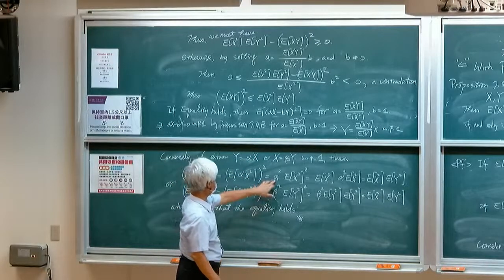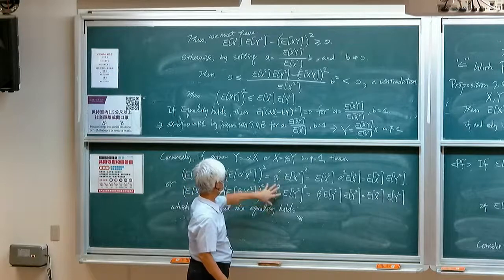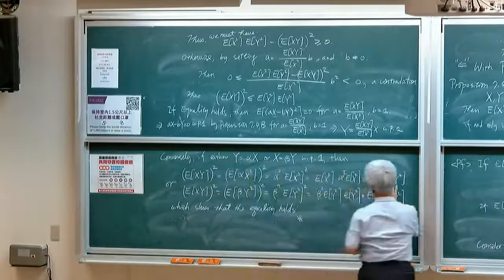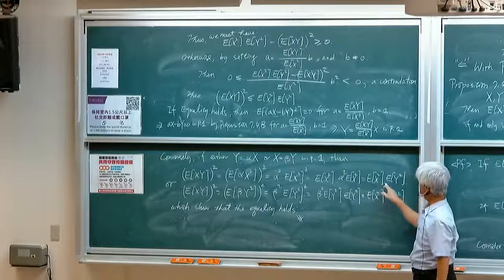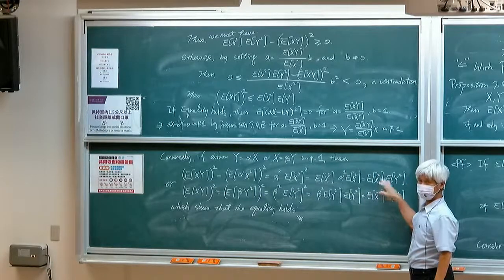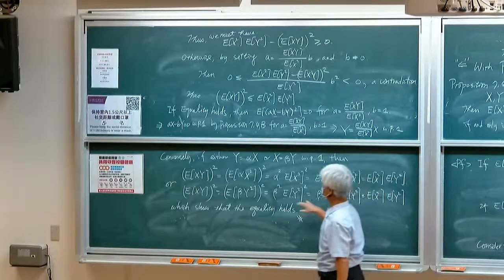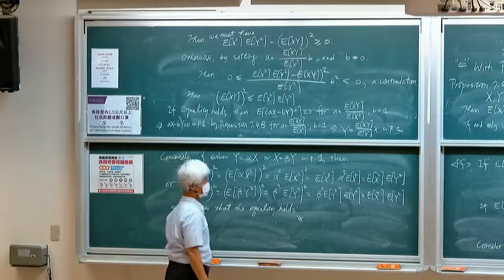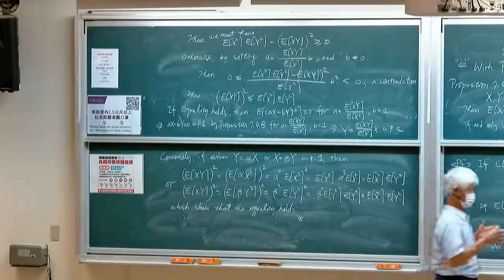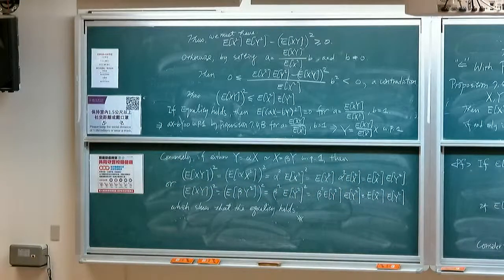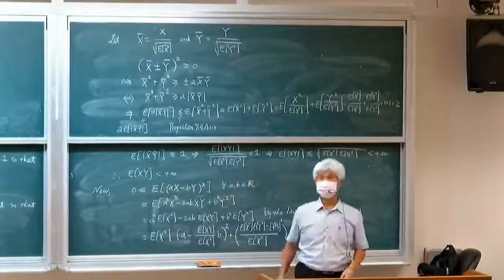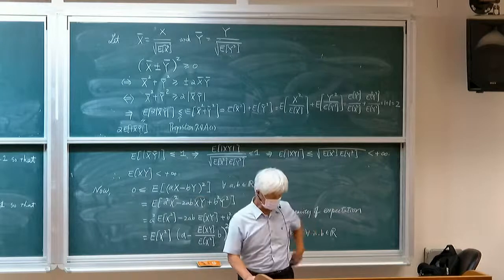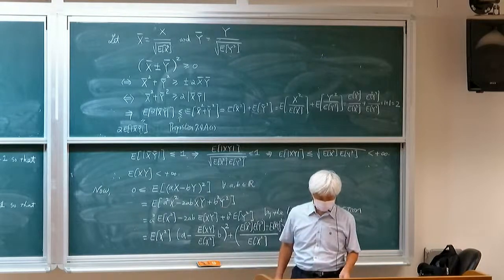And by linearity of expectation, we have this one. Okay, and then we go back to here to find that this is the product of their second moments, and show that the equality holds. Okay, so now we establish the if and only if condition. Okay, so that is the Schwarz inequality in its general version.